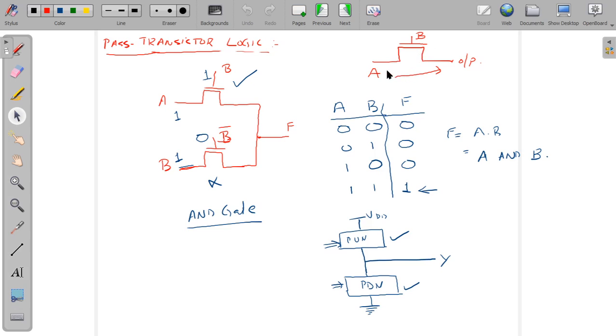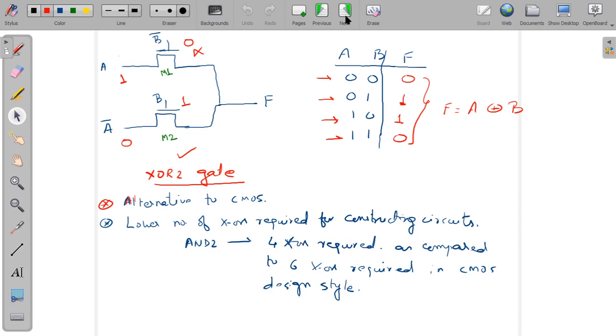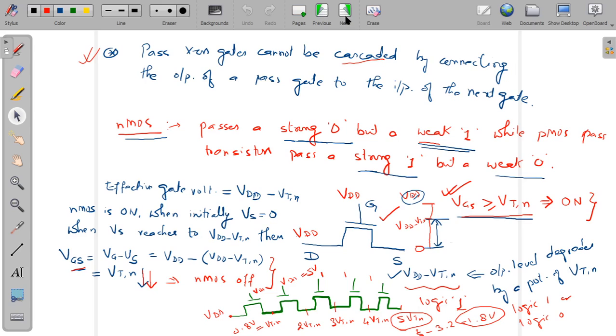So the input is provided at the drain, and the output is taken at the source end of the NMOS pass transistor. And there would be one controlling signal provided at the gate of the pass transistor. And we had seen the operation of this particular AND gate using NMOS pass transistors. Then this XOR gate we had seen.